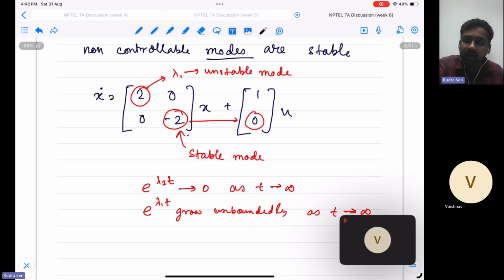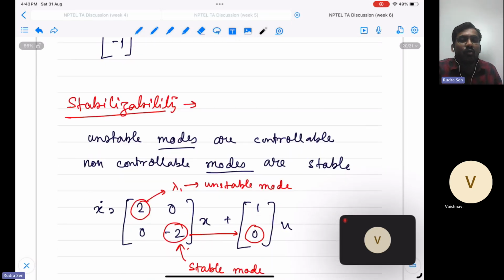Though we cannot control the state x2, it will eventually go to 0 as time tends to infinity. That means it will eventually become stable because of this stable mode, and this is the unstable mode. That's why we need a u.